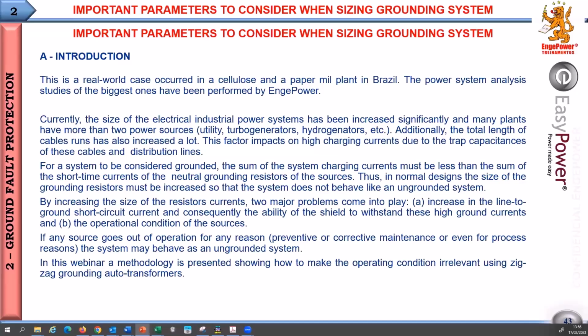When you have to provide an overhaul for a generator, for instance, you are going to lose a generation and a grounding, so you are losing a resistive current. So the capacitive current can become prevalent. So that's what you have to take into consideration. Cable shields, protection total clearing time, and the need of a zig-zag grounding transformer installation.